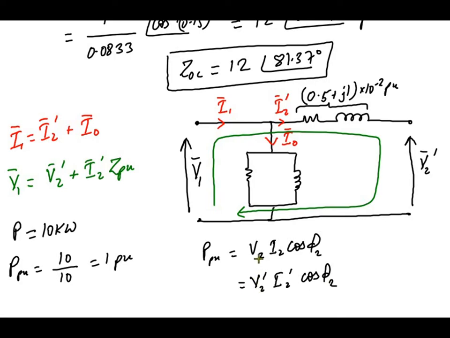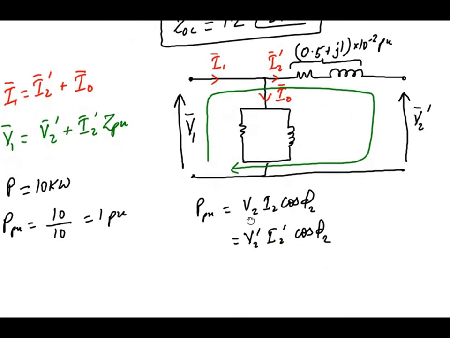Because if you refer the voltage to the primary side, it will be A times V2 and the current will be I2 by A. So A gets cancelled and it will be V2 dash into I2 dash. So you can write power in per unit form as either V2 I2 cos phi 2 or V2 dash I2 dash cos phi 2. Now let us put the value of V2 dash to get the value of I2 dash. What could be V2 dash now?